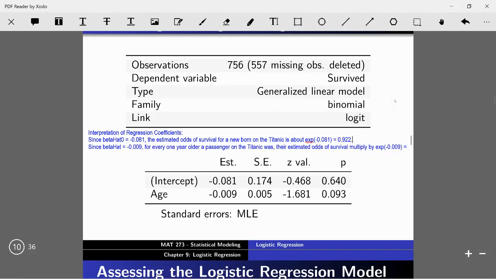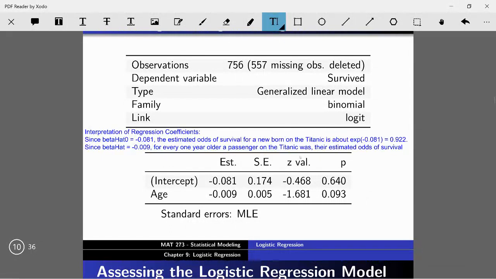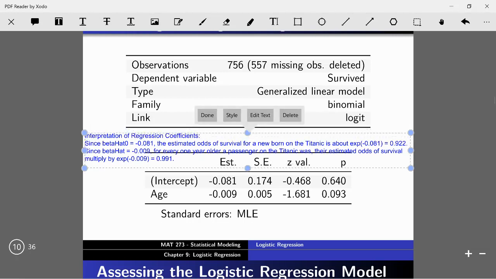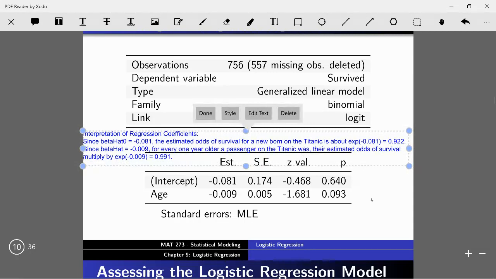Okay, so that was the estimated odds of survival. And if we remember, odds is slightly different than the probability of the event occurring, although they tell a similar story in that a higher odds of the event occurring corresponds to a higher probability of an event occurring. So anyway, this is how you interpret the intercept and estimated slope for this logistic regression model.